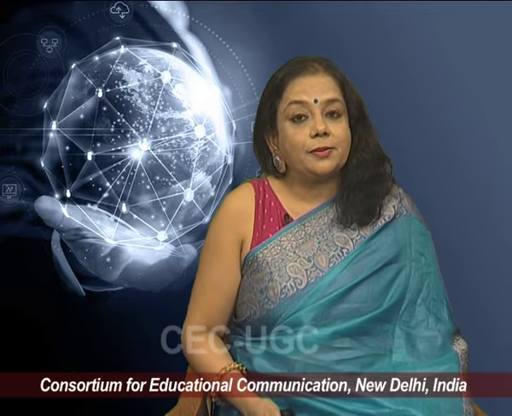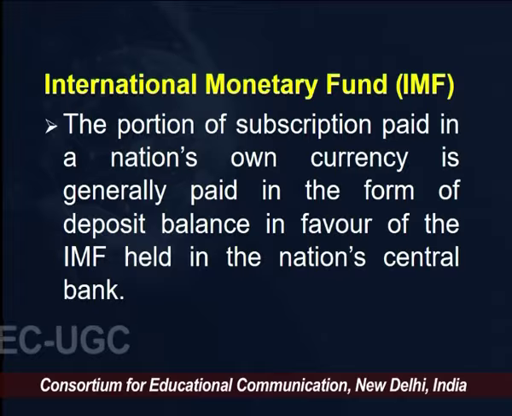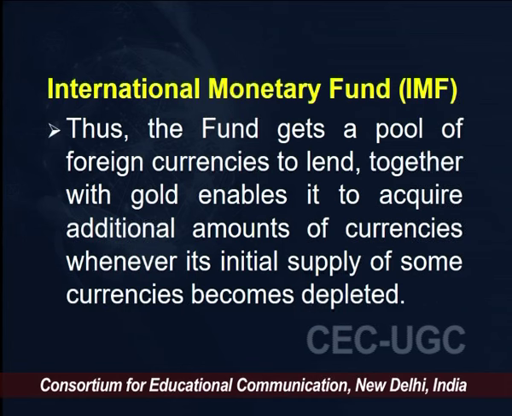The portion of subscription paid in a nation's own currency is generally paid in the form of deposit balance in favor of the IMF held in the nation's central bank. Thus, the fund gets a pool of foreign currencies to lend.